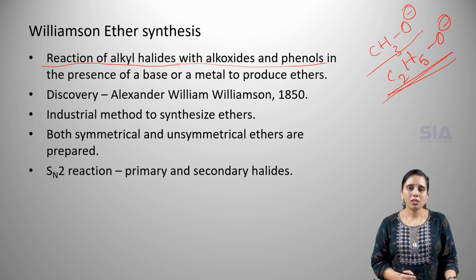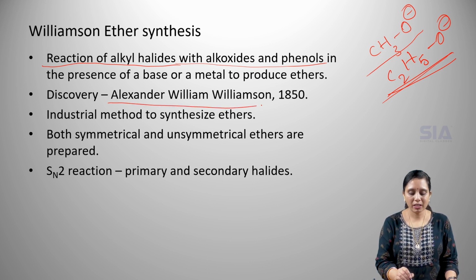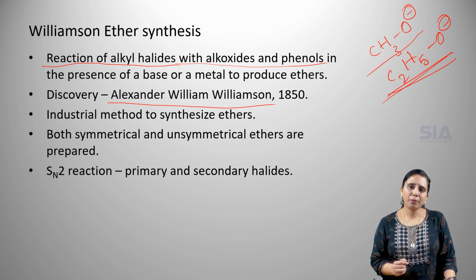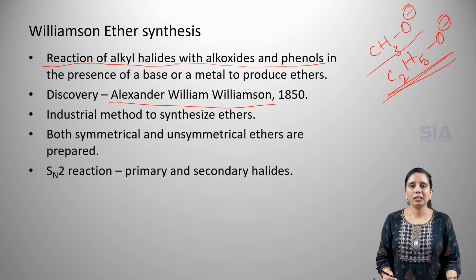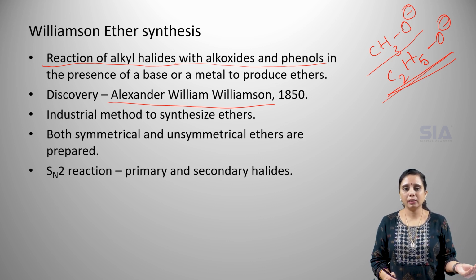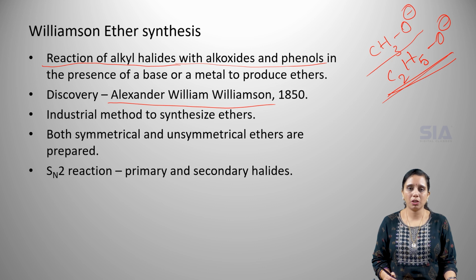So these are generally called alkoxides. This reaction was discovered by Alexander William Williamson in 1850. This is the major industrial method to synthesize ethers. On a large scale, ethers are synthesized using this reaction. By using this reaction, we can synthesize both symmetrical and unsymmetrical ethers.